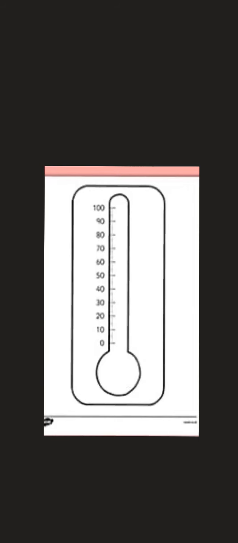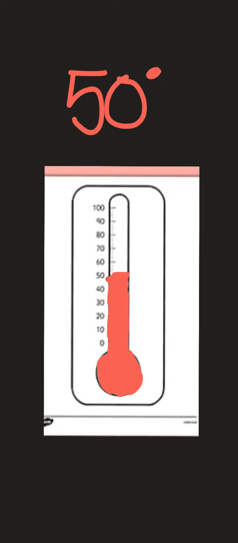So if on our thermometer the line was here, then we know that the temperature is 50 degrees Celsius because the line is at the number 50.